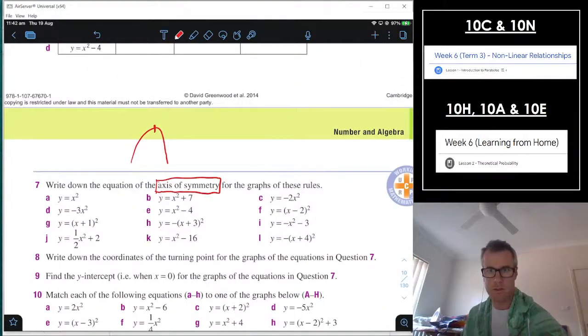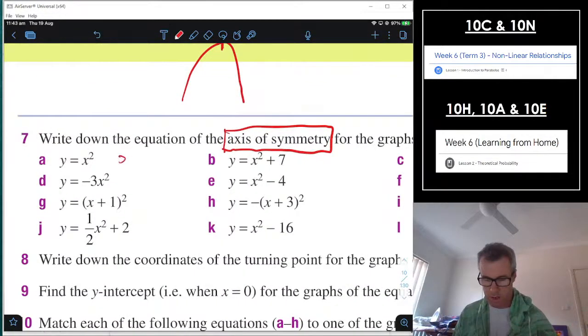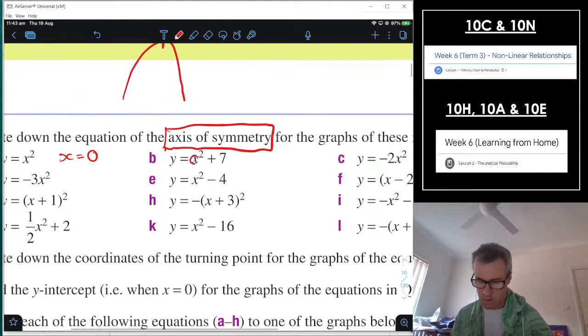So in this one here, my axis of symmetry would be when x is equal to 0. Over here, is that right? This one here, when x is equal to 0, my axis of symmetry is 7? No, that can't be right.